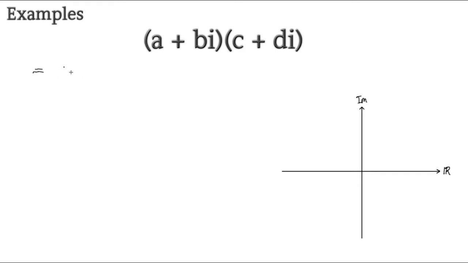There are multiple ways of calling that, but I'm just gonna simply do the following: ac, plus adi, plus bci, plus bdi squared.